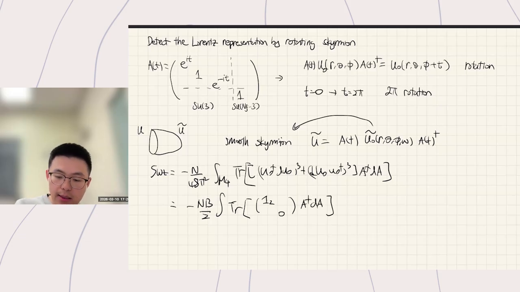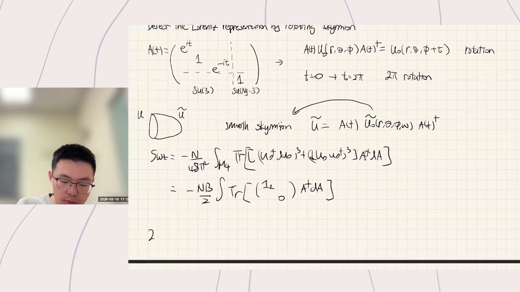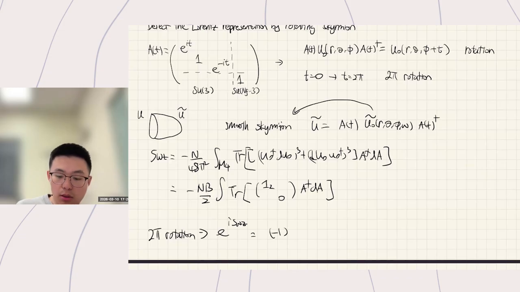Now if you plug in a U(t) which interpolates from t equals 0 to t equals 2 pi, you will find that a non-trivial phase is generated precisely because of this Wess-Zumino term. When you do the 2 pi rotation, you get a non-trivial phase, and this phase is nothing but -1 to the n times b.